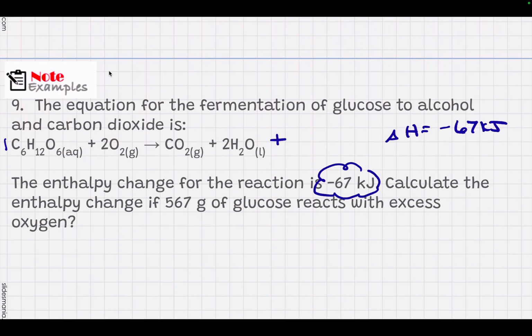I don't think I have the right reaction here. Let me just think. I'm going to pause the video and I will do this problem after I double check.